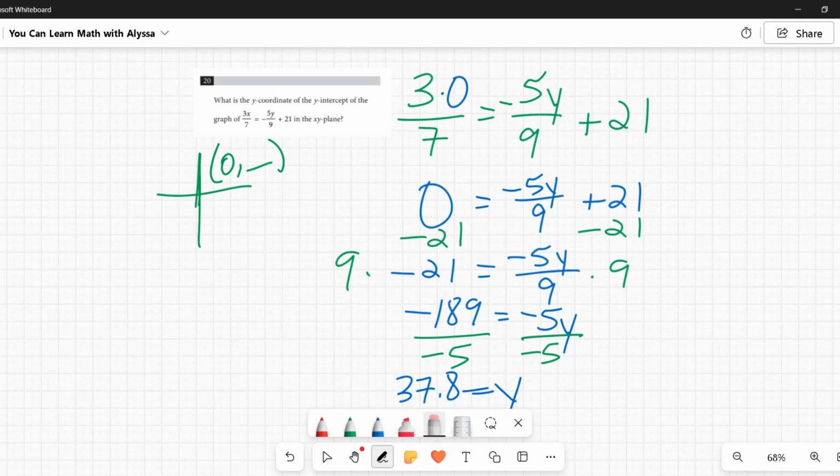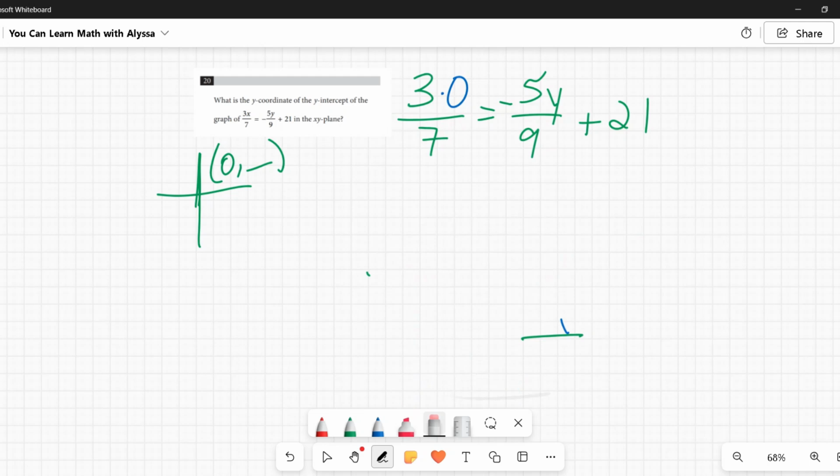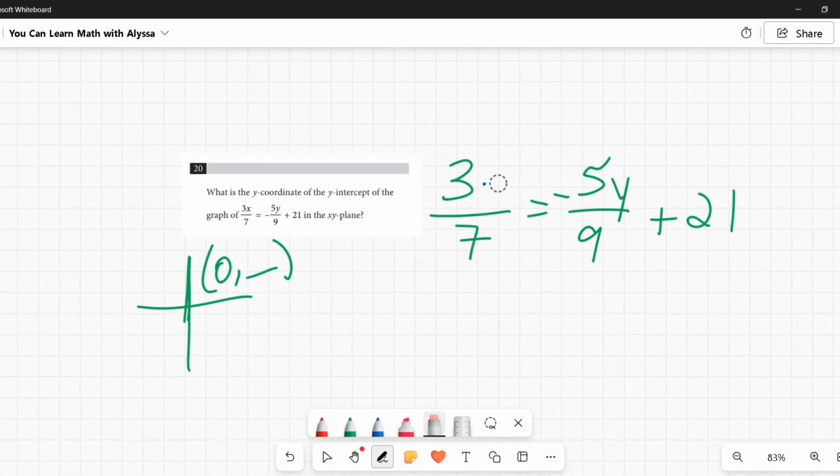There is a third way you can do this too. You can absolutely do this a third way, and you're also going to get, like you would the other 2 ways, 37.8. The third way here, because we're looking for the y-intercept, is you put this into slope-intercept form. So that is, you solve for y. To solve for y, I need to undo what's been done to it.